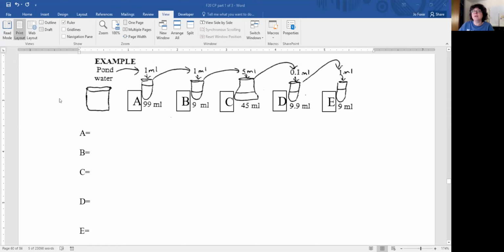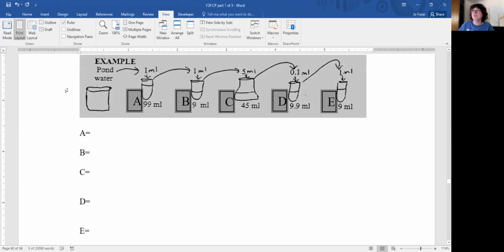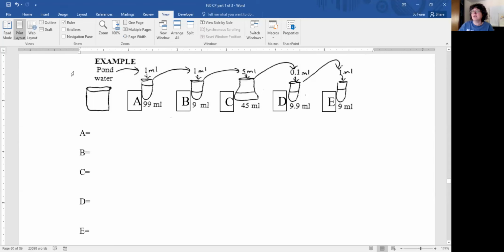So the setup here is that we have our original material, the pond water, which is always going to be defined as having a dilution factor of 1. I'm going to write that here, because we'll need that to get started.